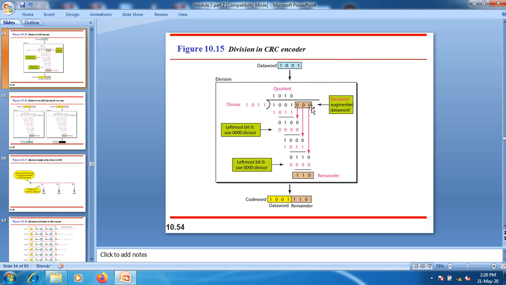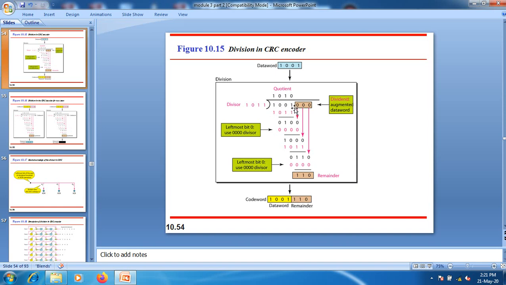We have a data word 1001, x to the power 6 plus x to the power 3.